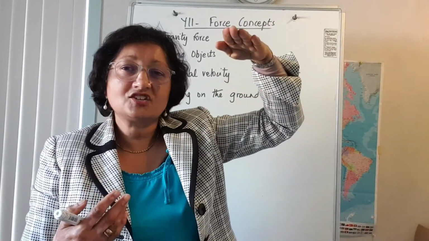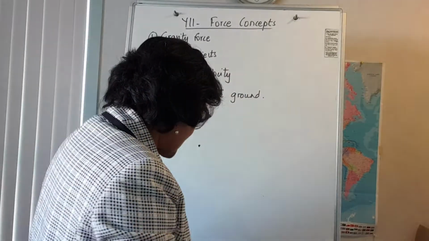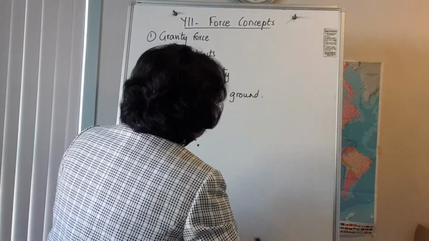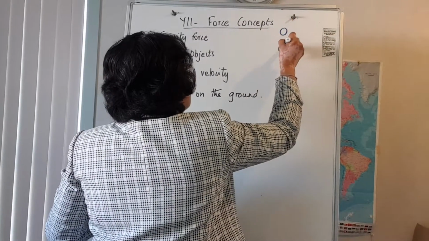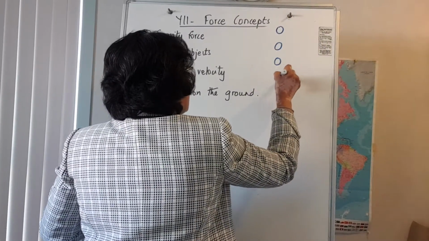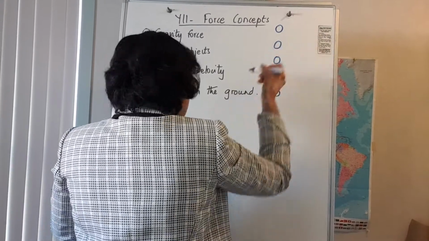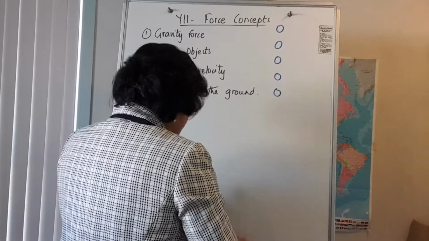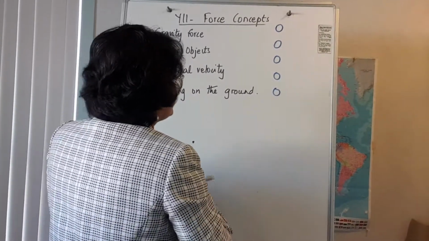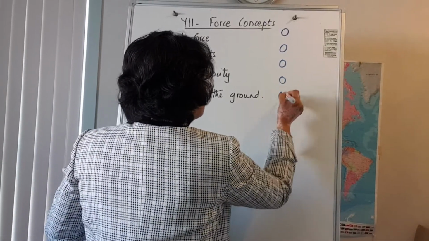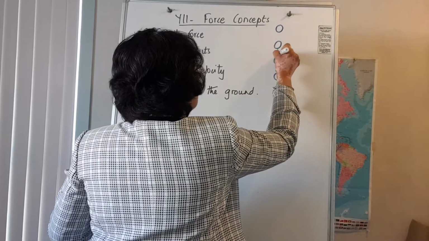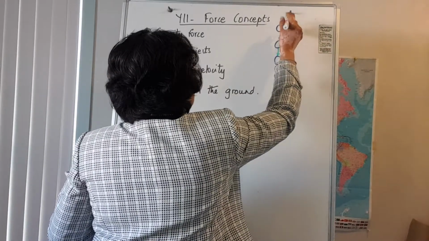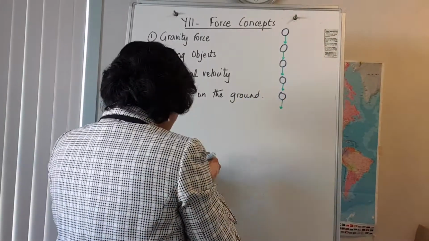When it's falling, initially the only force acting on the thing is the force of gravity, but as the object keeps coming further and further, it starts speeding up. And so initially there's a force of gravity, and the size of the force of gravity is the same the whole time. So the length of the green arrow is the same.